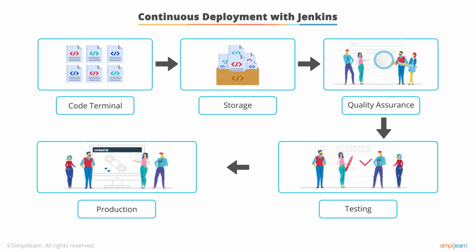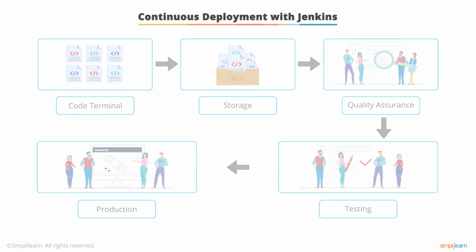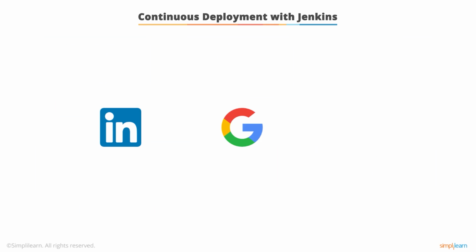The value that Jenkins brings to the software development lifecycle is that it can be configured to automate every stage of the entire process. This is very important because it not only speeds up the software development process overall, but also increases the accuracy and reliability of the code under development. Companies such as LinkedIn, Google, and Facebook have made continuous deployment a fundamental part of the way they make software.